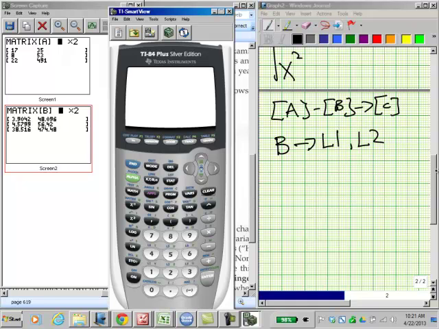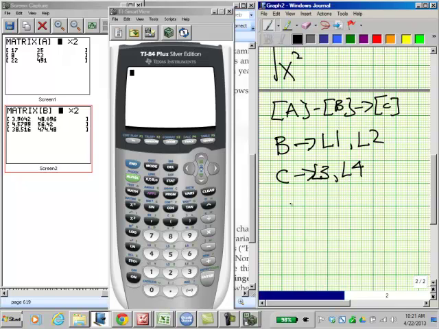And then we're going to take matrix C and we're going to store that in L3 and L4. Okay, so in L1 and L2 will be the expected. In L3 and L4 will be the matrix of actual minus expected.